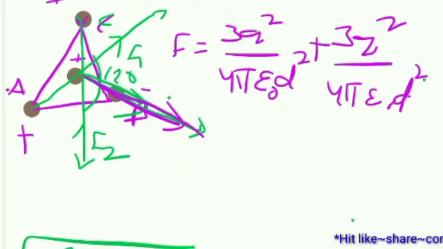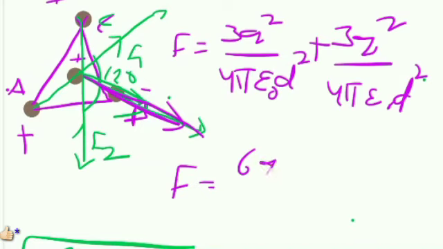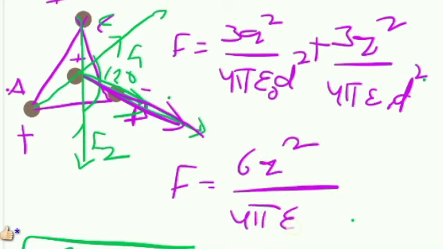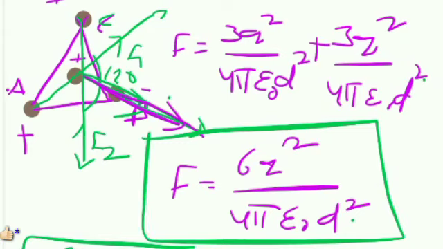Now F is equal to 6Q square by 4 pi epsilon naught D square. It is the answer.